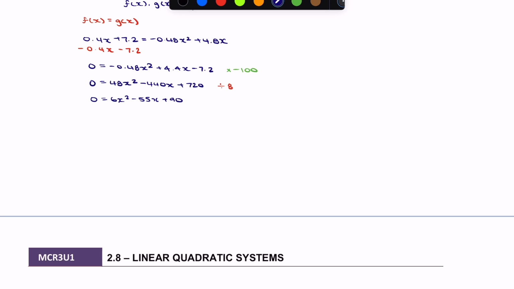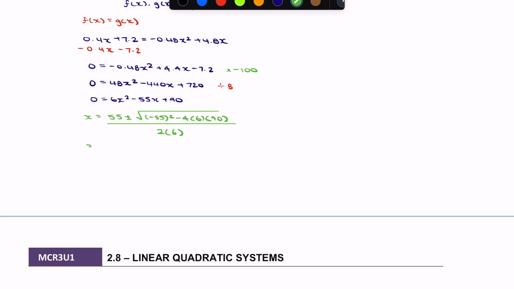To solve our equation, we're going to put this into the quadratic formula. Here we have x is equal to negative b, so 55, plus or minus the square root of b squared, negative 55 squared, minus 4a, which is 6, c, which is 90, over 2a, so 2 times 6.